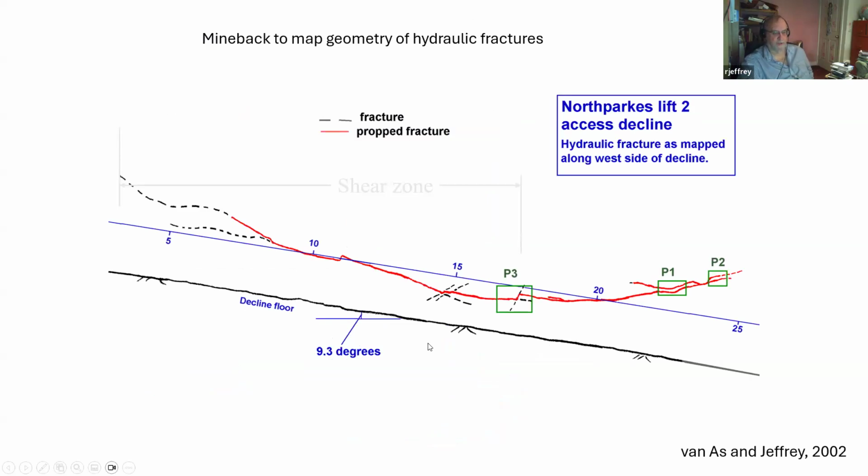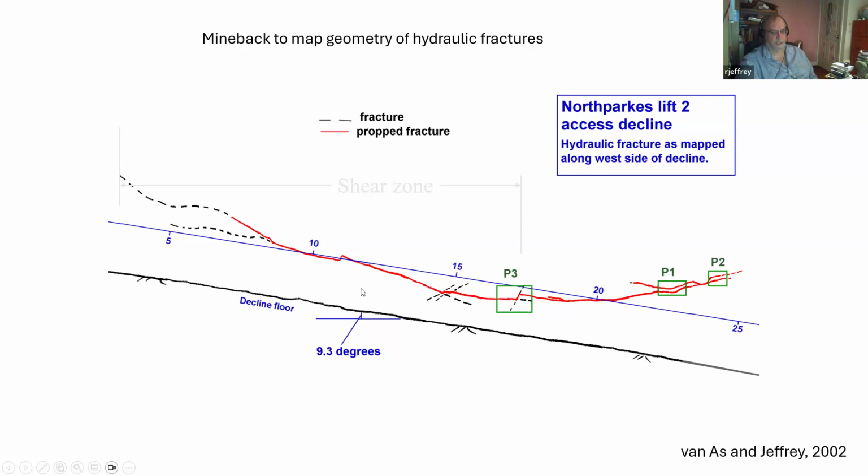We did have the opportunity to do a mine back, actually a couple mine backs at North Parks before preconditioning E48. And this was one of them done in a decline tunnel that was driven to gain access to the extraction level of E48.